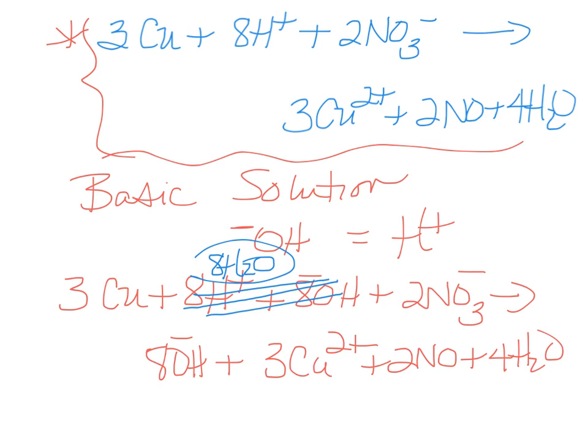Look what that does now, though. Now I have water on both sides of the equation. So I'm going to combine them. So I'm going to subtract 4 waters from each side. So these go away. Water goes away on the product side. And this 8 H2O gets reduced to 4 H2O. Okay? So that's what you would do if you were to balance it in basic solution.